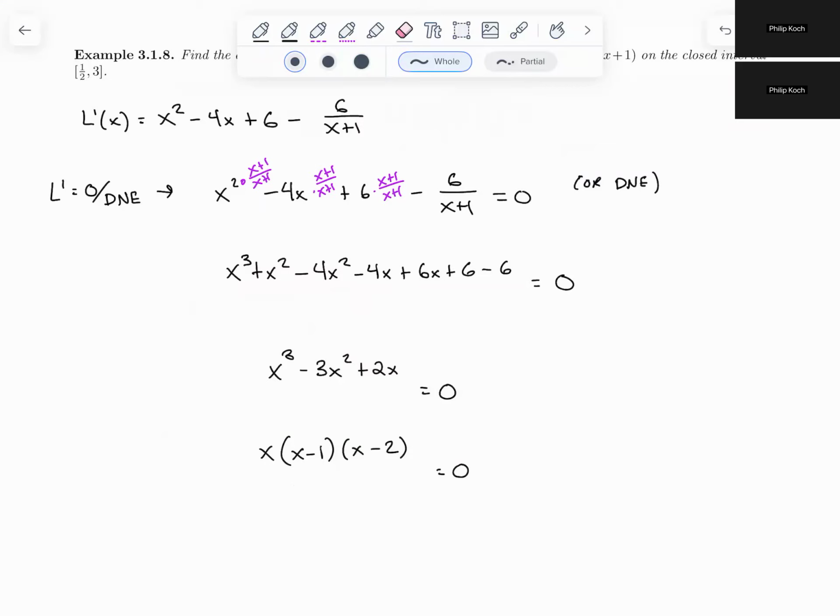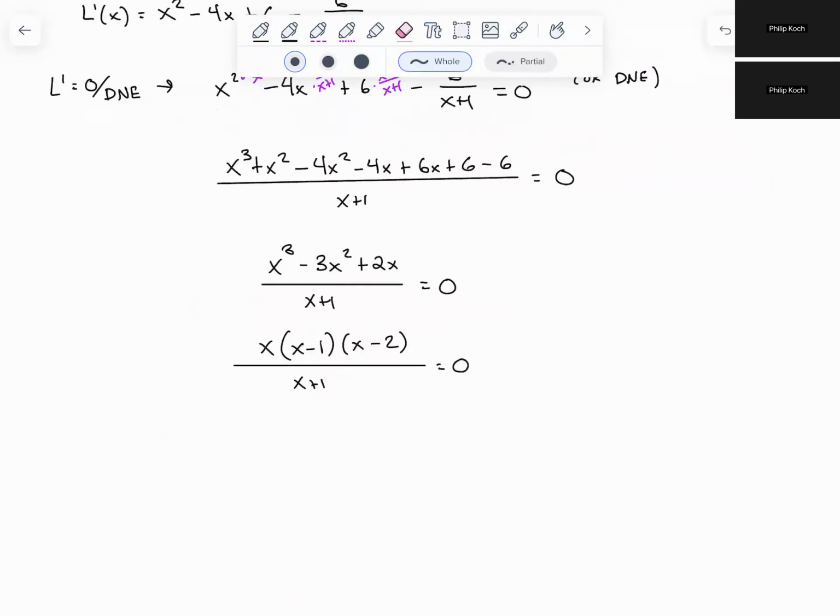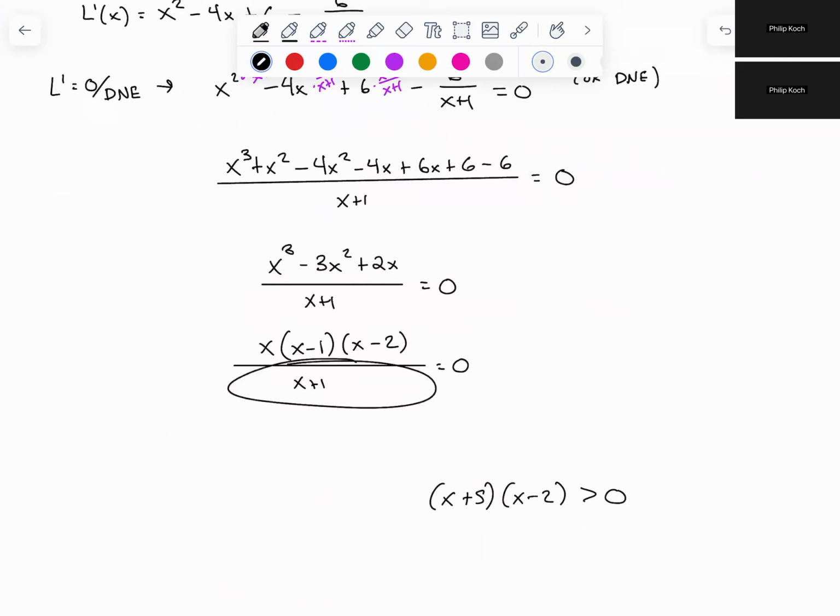More specifically, when it comes into play in unit 3.3, we're going to be solving a nonlinear inequality. If you remember those, we had to solve things like x plus 5 times x minus 2 is greater than 0, right? And remember, you had to make that sign chart. So if I don't have this, I'm missing out on whether that's positive or negative when I'm testing values. So there's a reason to keep it around.